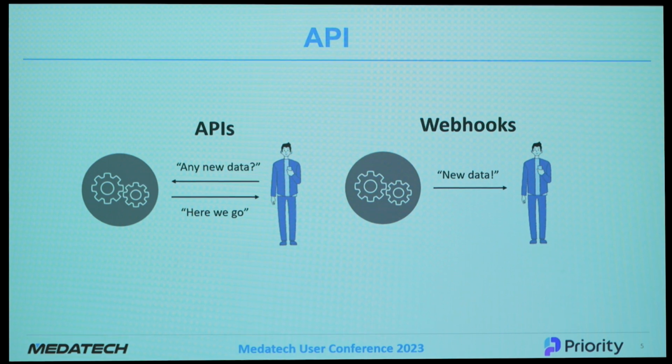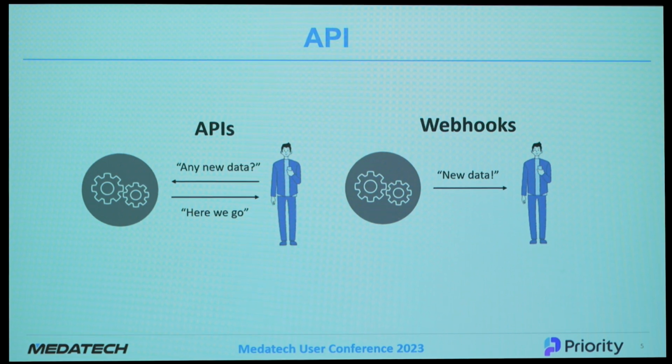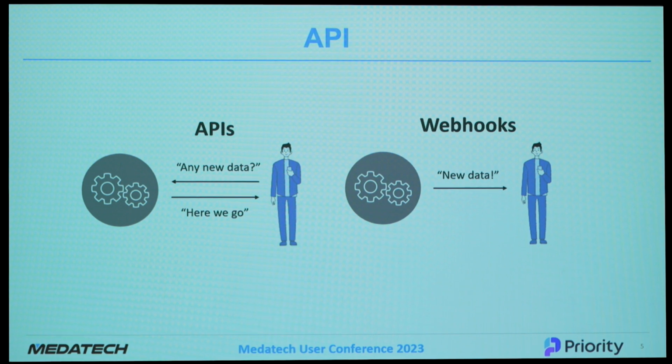We also have something called webhooks. So, an API versus a webhook. An API is proactive. It's always asking, is there any new data? And the response may be no. Again, a minute later, is there any data? No. Until there is some data, and then it processes it. We have such a thing as a webhook, which builds on top of that.